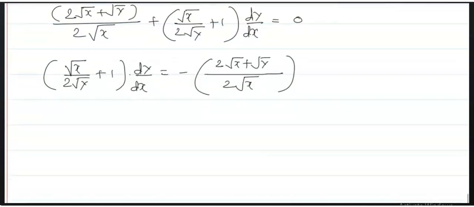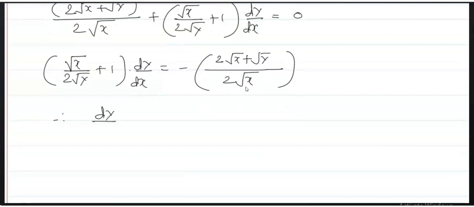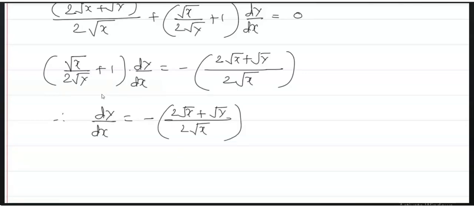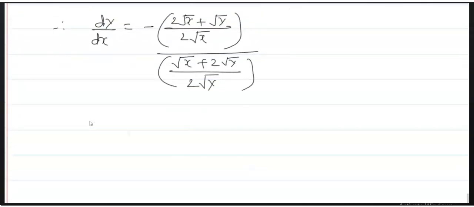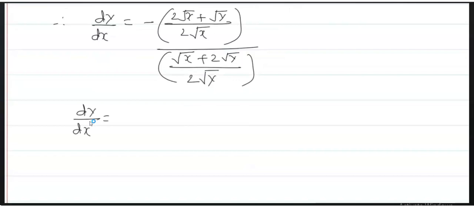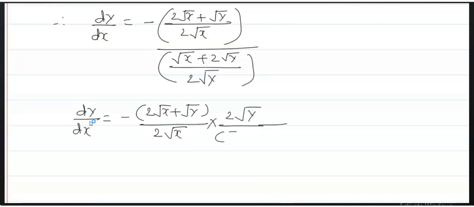That is on the right hand side, this is minus 2 root x plus root y upon 2 root x, and that's why dy by dx is equals to minus 2 root x plus root y upon 2 root x. Simplify this upon root x upon root x plus 2 root y upon 2 root y. Therefore, dy by dx is equals to minus 2 root x plus root y upon 2 root x into 2 root y upon root x plus 2 root y.